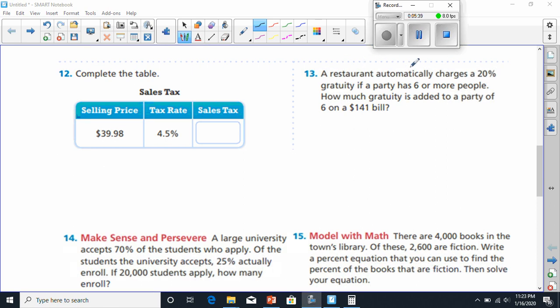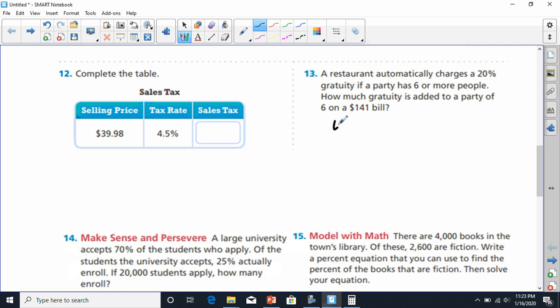Now it says a restaurant automatically charges a 20% gratuity if a party has 6 or more people. How much gratuity is added to a party of 6 on a $141 bill? Well, again, this is going to be the whole times the percent, and that's going to equal the part.